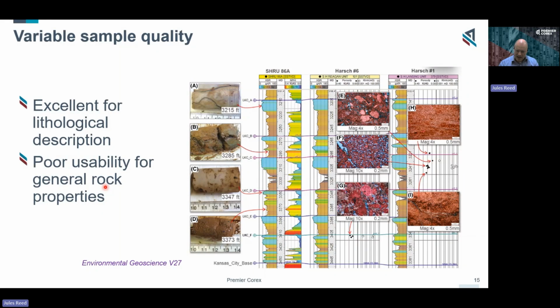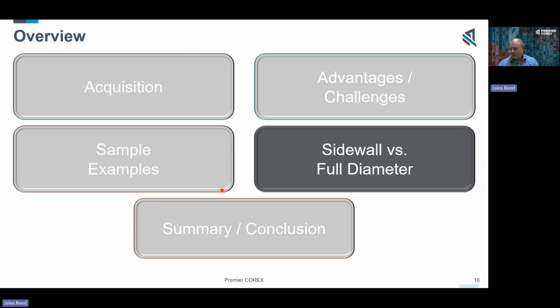They're going to be excellent for lithological description and things like XRD, petrography, but could have limited usability. So let's look at then sidewall cores versus full diameter conventional core systems.